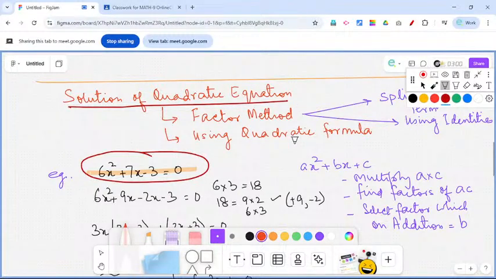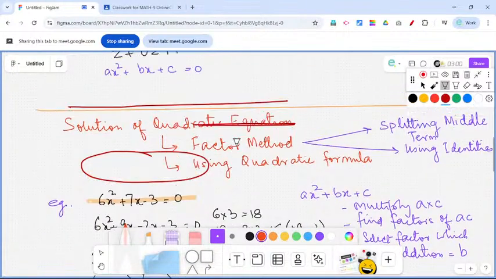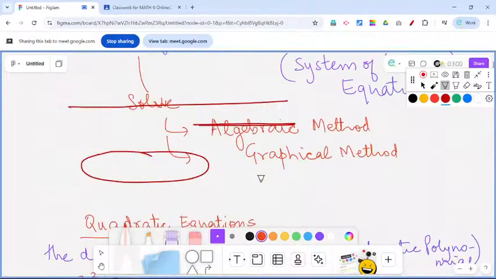One was the factor method. अब देखो factorization का जो हमने factorization किया था, if you remember, factorization कैसे किया था हमने? Do you remember?